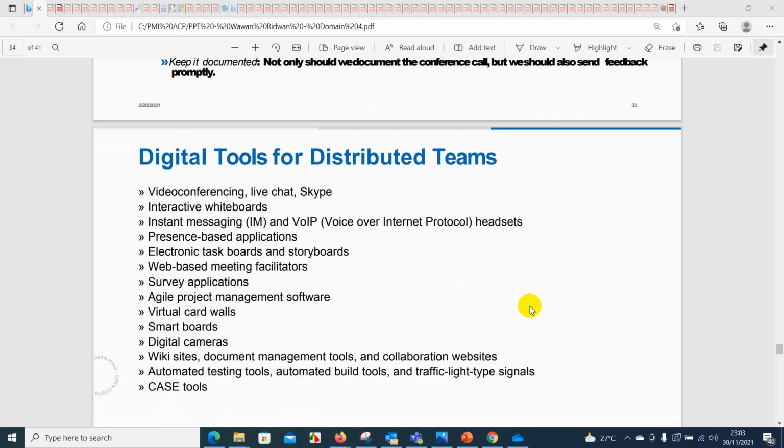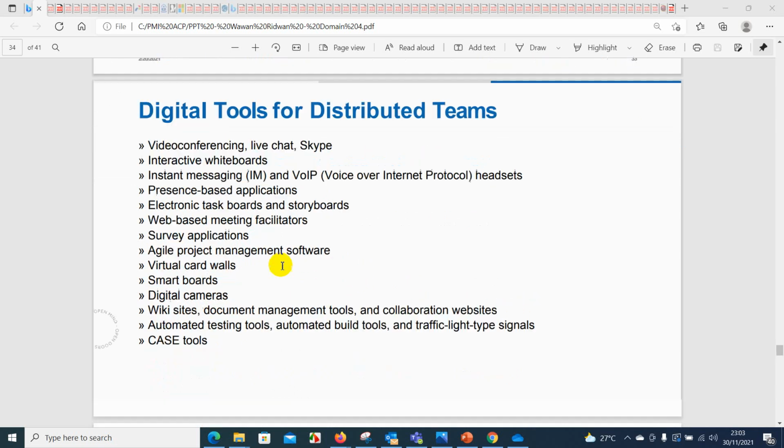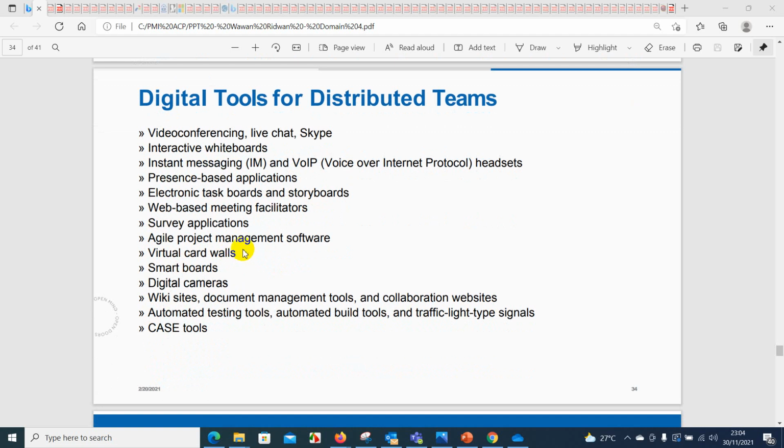Digital tools for distributed teams: video conference, live chat, Skype, interactive whiteboards, instant messaging, VoIP, voice over internet protocol, presence-based applications, electronic dashboards and storyboards, web-based meeting facilitators, survey applications, agile project management software, virtual card wall, smart boards, digital cameras, wiki sites, document management tools, collaboration websites, automatic testing tools, automatic build tools, traffic light type signals, CASE tools.